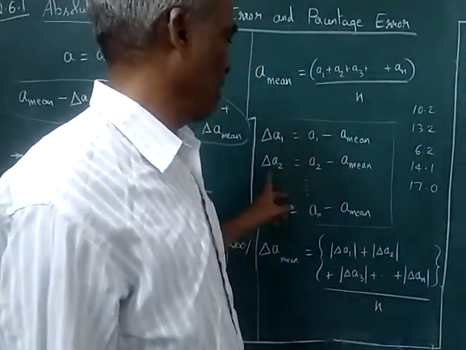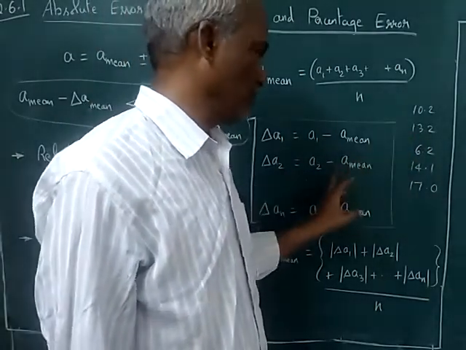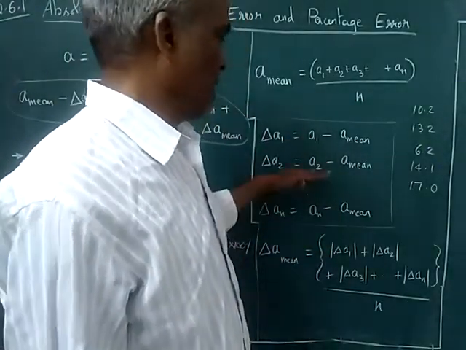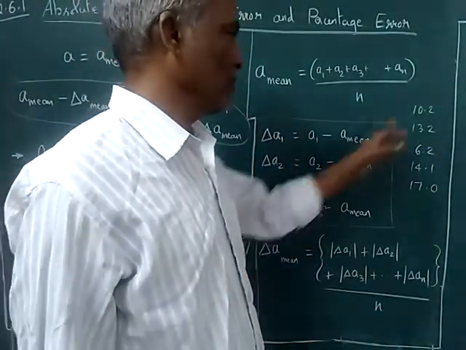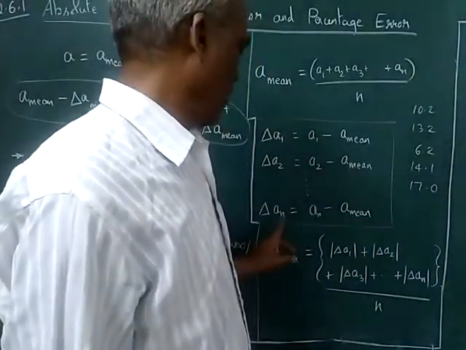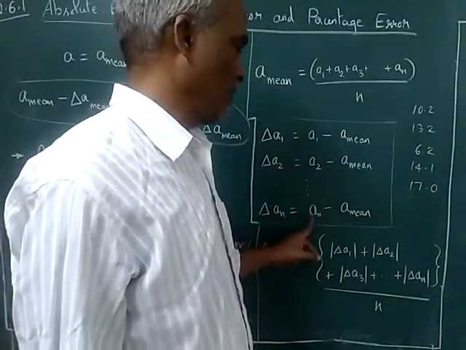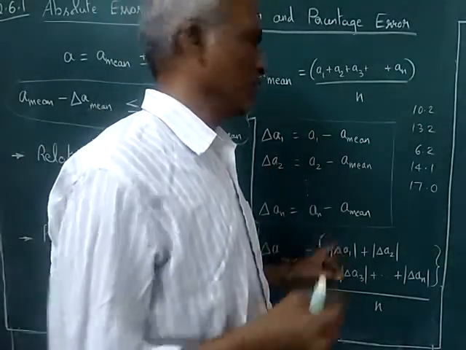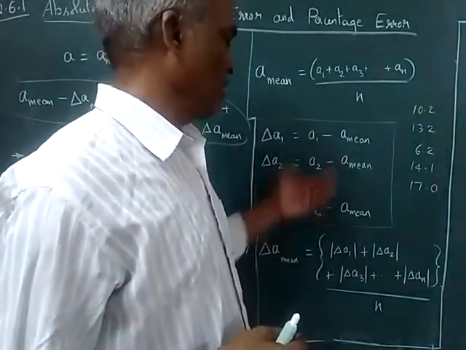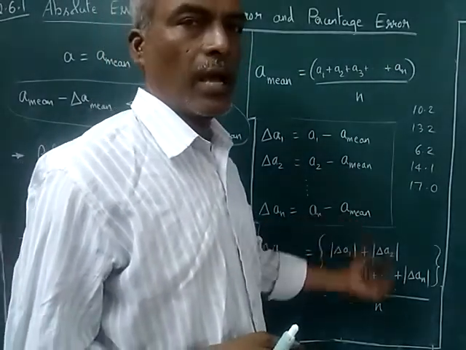Similarly del A2 is A2, the second measurement, 13.2, minus the average. Likewise you carry this out up to del A5, the fifth individual measurement minus the average value. So in general, del AN is equal to AN minus A average.